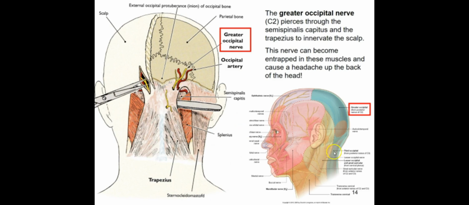So over here, again, it would come out, it would come up and then poke out through the upper trapezius here to then serve the posterior skull in this region.